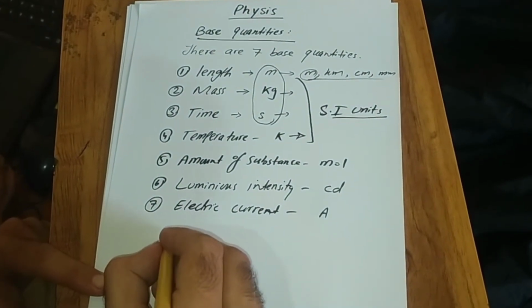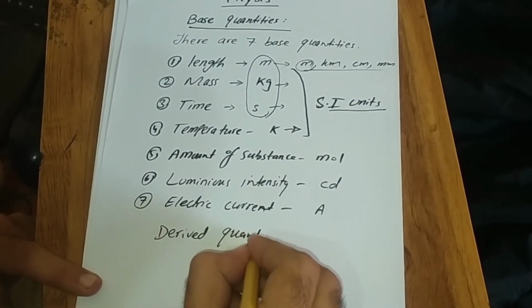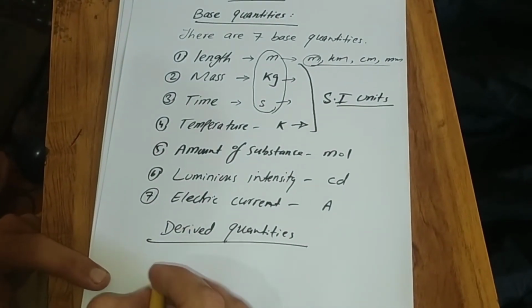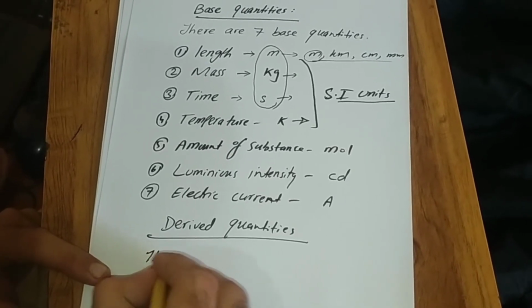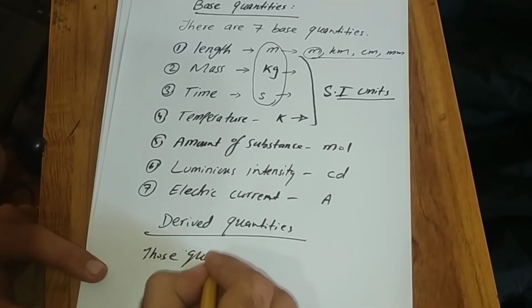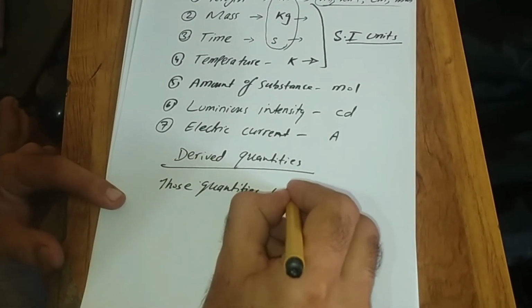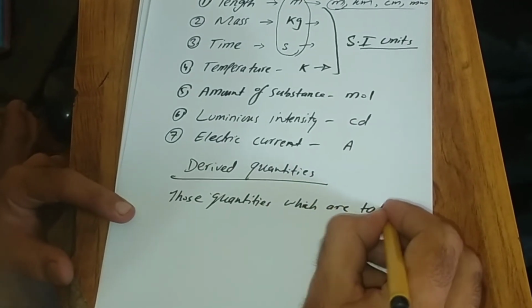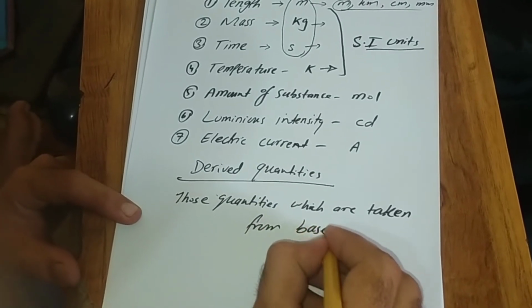So now we will be discussing derived quantities. Let me define it in a single sentence. Derived quantities are those quantities which are taken from base quantities.